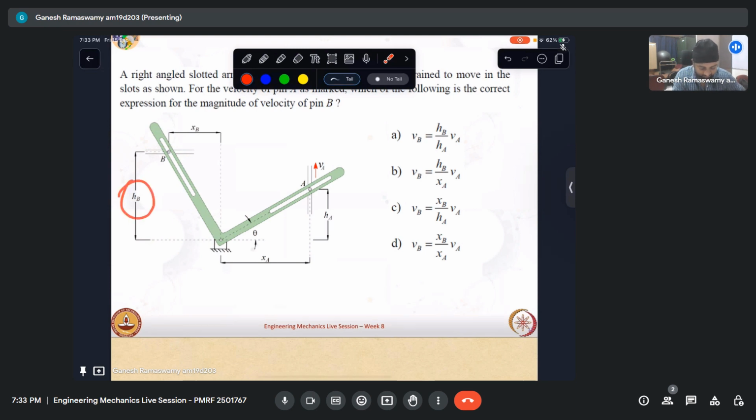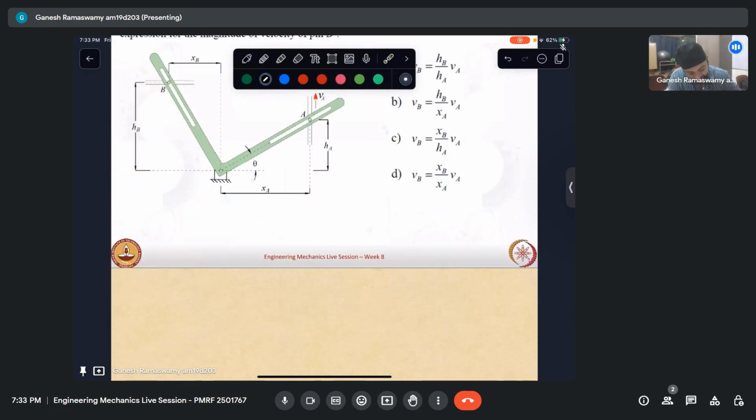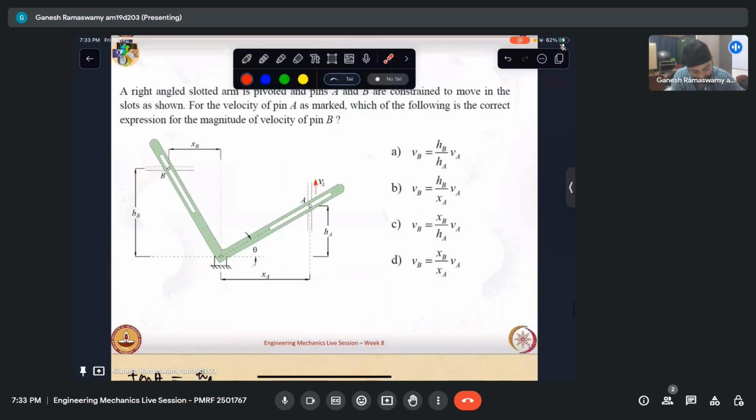So we know that HB and XA are fixed quantities. Okay. So from the figure, can I write tan theta? Tan theta is nothing but HA by XA. Now, another way to look at this is that it has been given that it is a right angled arm. So if this is 90° and if this is theta, then I can clearly see that this is also theta.